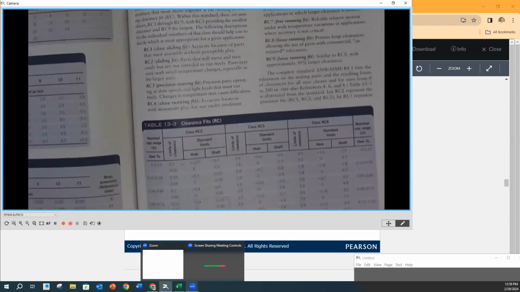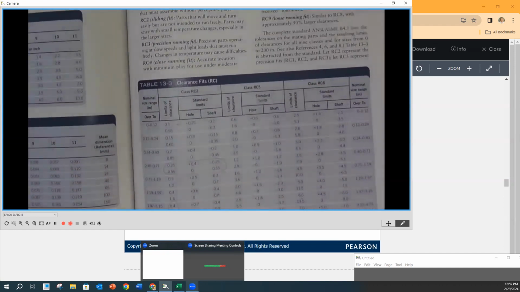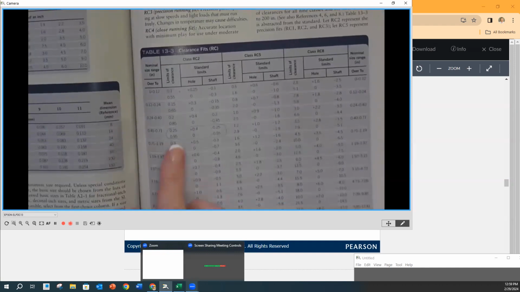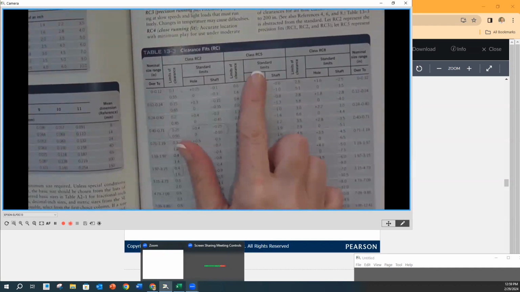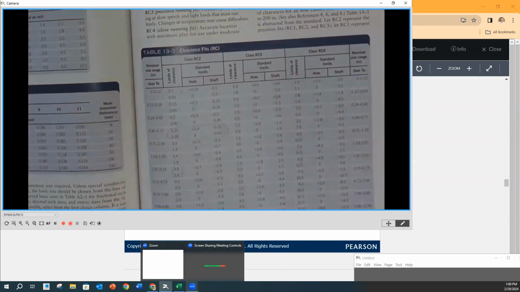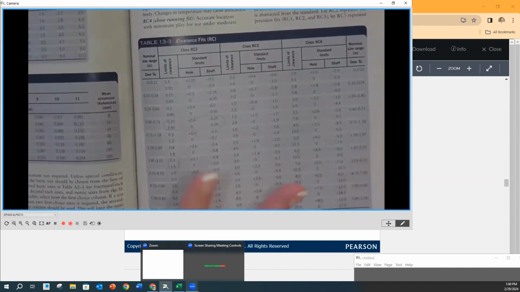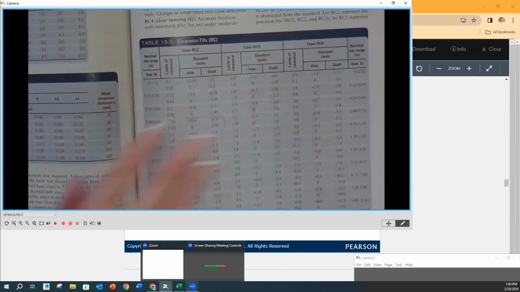You'll notice that the charts that we have here, which line up with the standard, are focusing on an RC2, an RC5, and an RC8 to just kind of grab a couple and not take up too much space in the book. So when you're doing your assignment and when we are looking at our example, we'll go to this chart to pick it out. Okay.